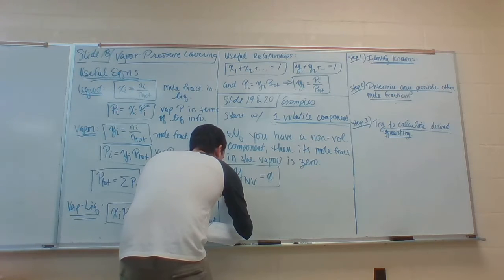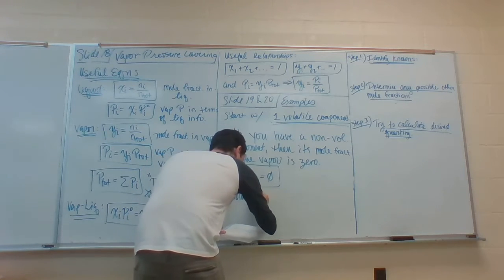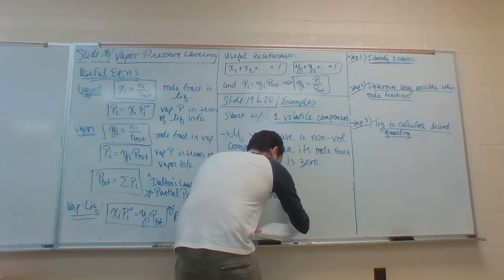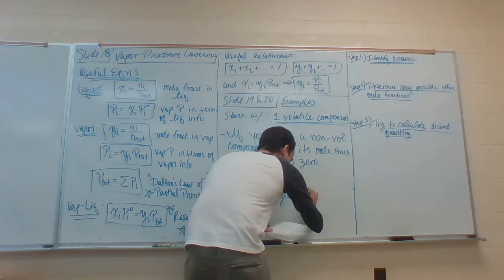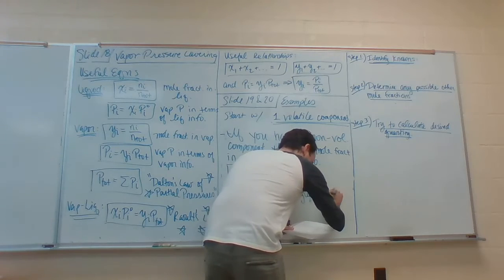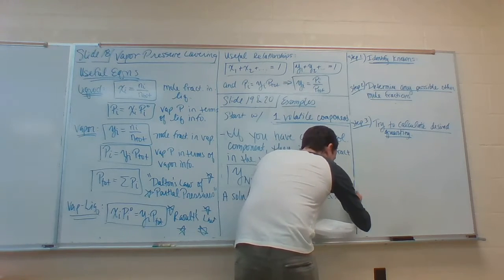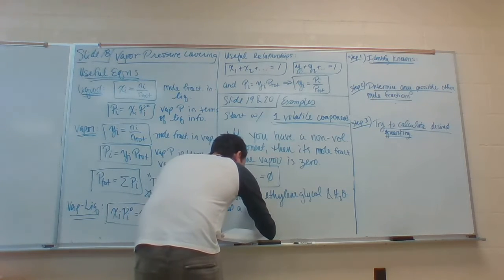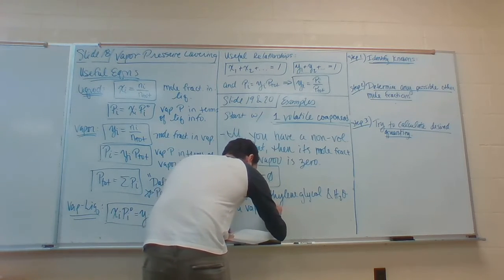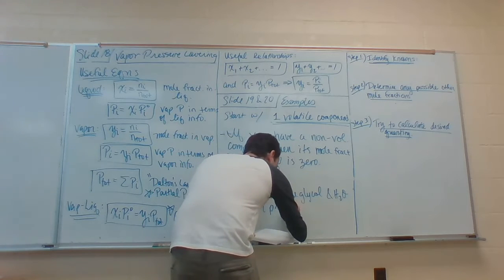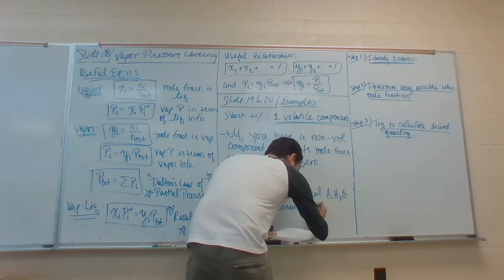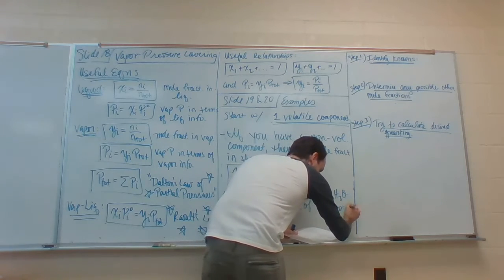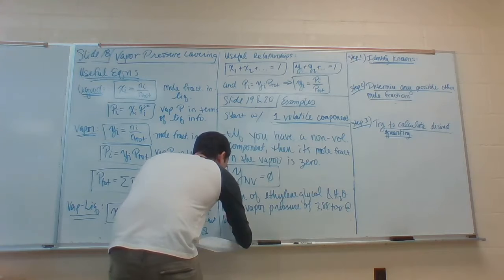In this case, we have a solution of ethylene glycol and water that has a vapor pressure of 7.884 torr at 10 degrees Celsius.